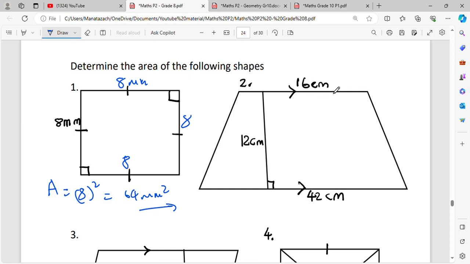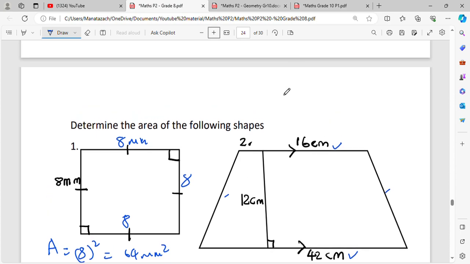Question 2, this side is parallel to this side, whereas these two opposing sides are not parallel, so this makes a trapezium. The area of a trapezium is height divided by 2 multiplied by a plus b. A is the smaller side and then b is the longer parallel side.